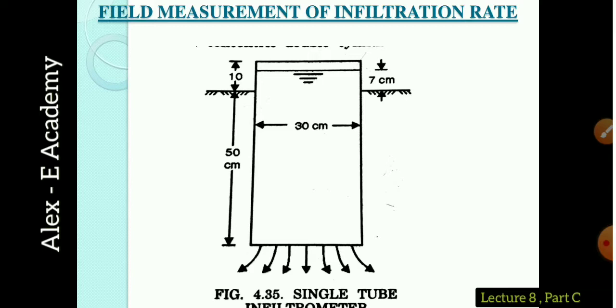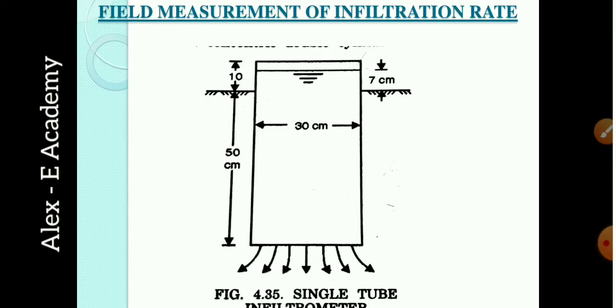The water falls due to infiltration. So as to maintain the water level, additional water is added using a measuring jar. The amount of water to be added for a particular time, so that the level remains constant, is noted.